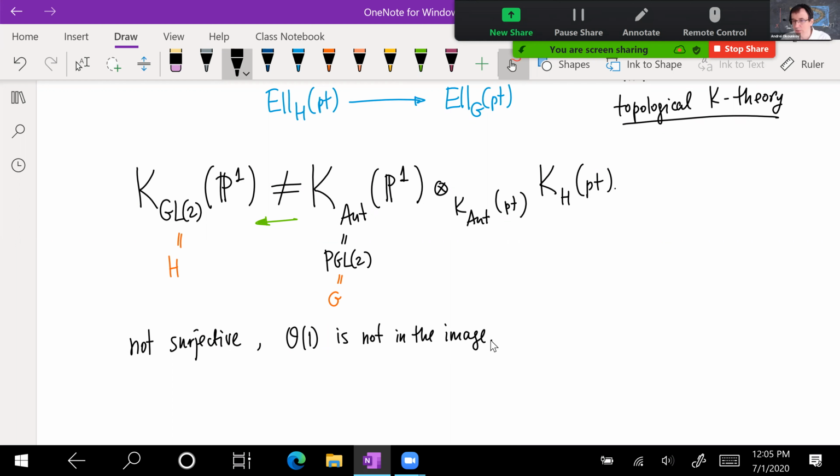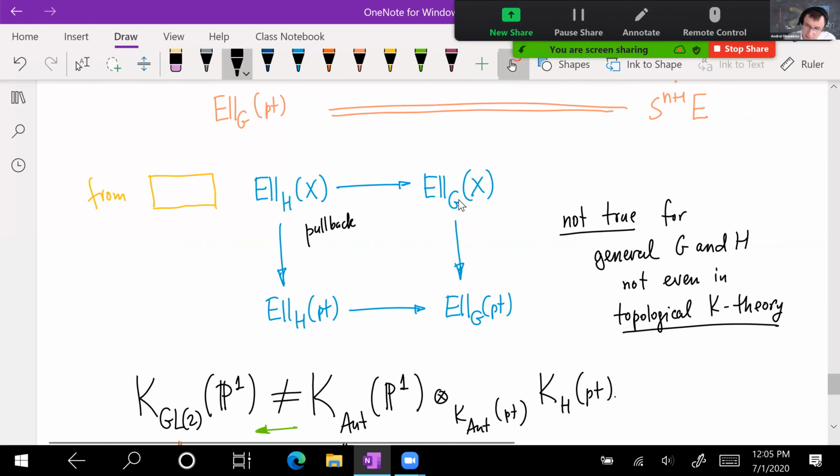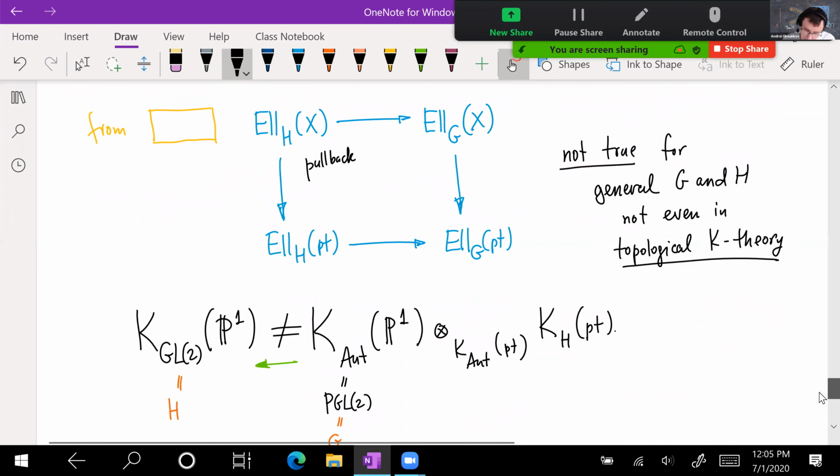So maybe a good homework to think about it. In general, if you ask for this diagram to be a pullback, there's a very long discussion of which groups and which homomorphisms are okay.